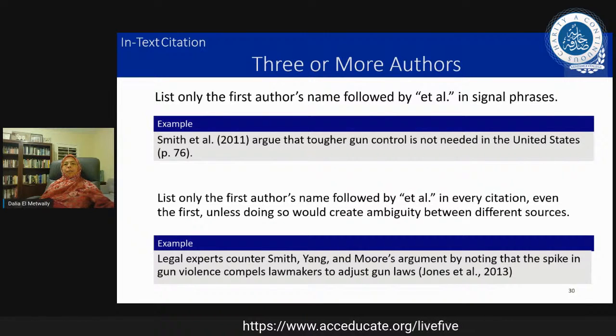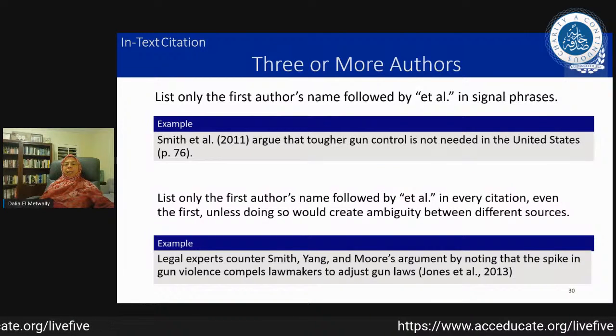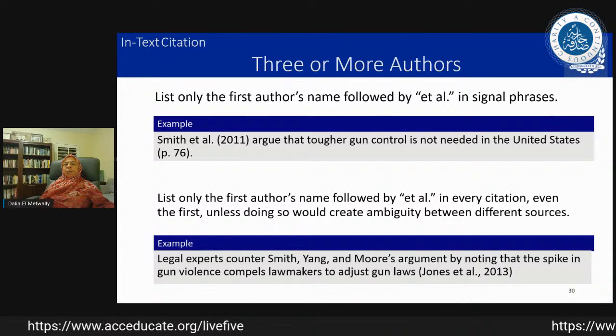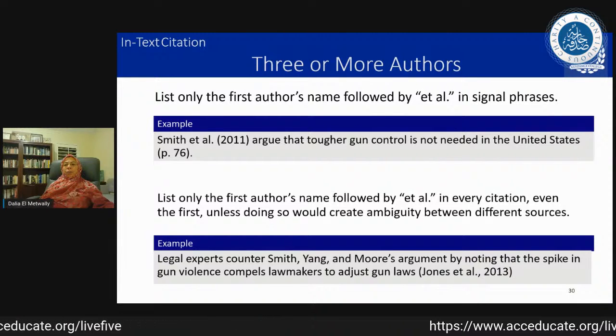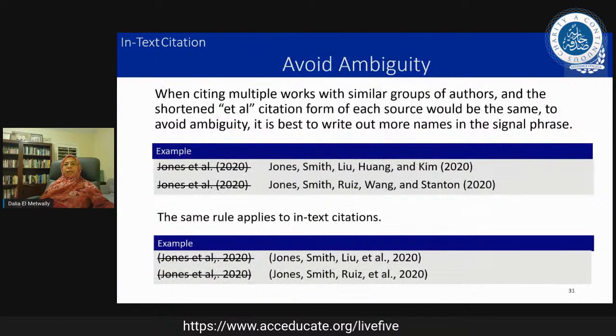In this case, I may need to mention the author's first name or the first initial just so that I make that distinction. Now, with the citations, I'm going to go ahead and again put the Jones et al., and then I'm going to put the 2013 in here. This is what I was talking about, avoiding ambiguity.